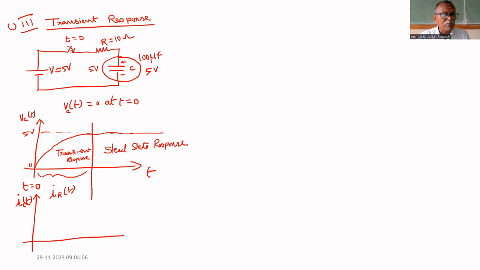It will start from 0.5 ampere. Initially it is 0.5, then exponentially decreases and it comes to 0 when it reaches 5 volt. So hereafter it is steady state. This is transient response. During transient response, it decreases from 0.5 ampere to 0 ampere.